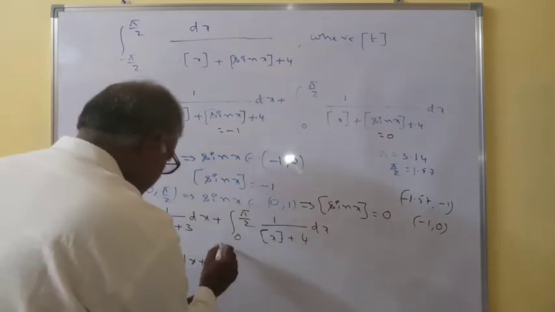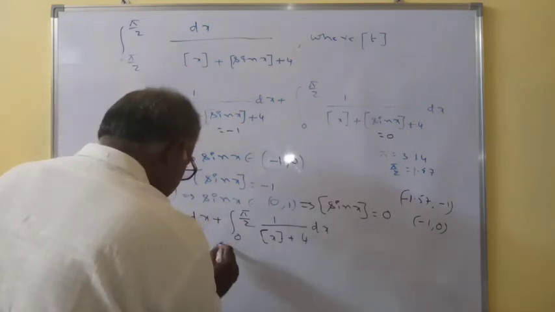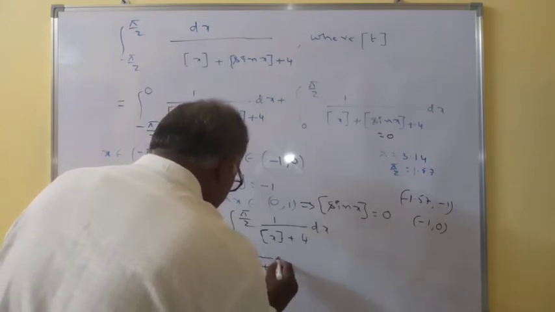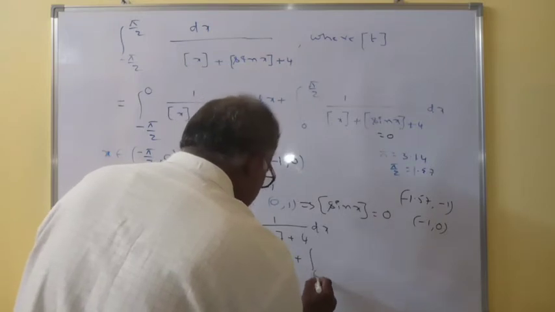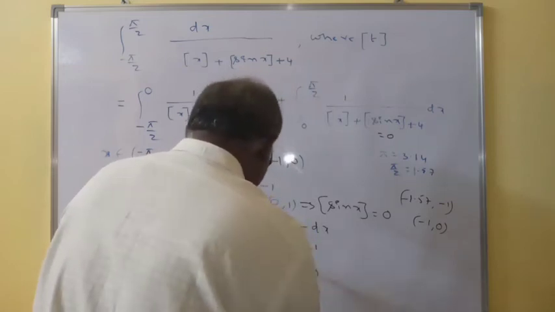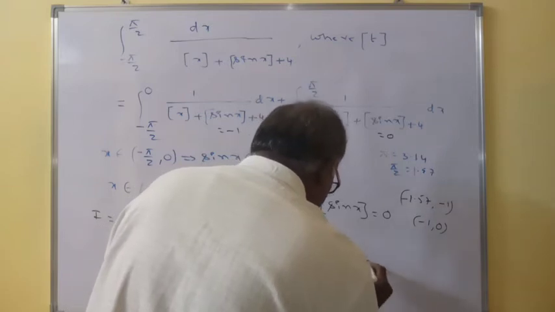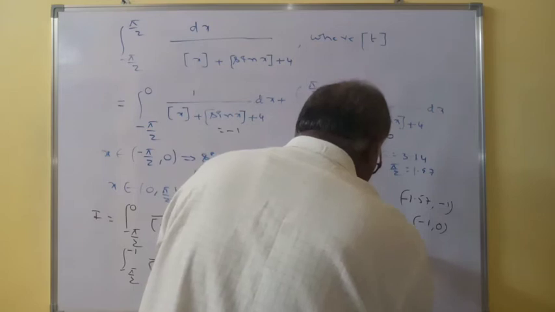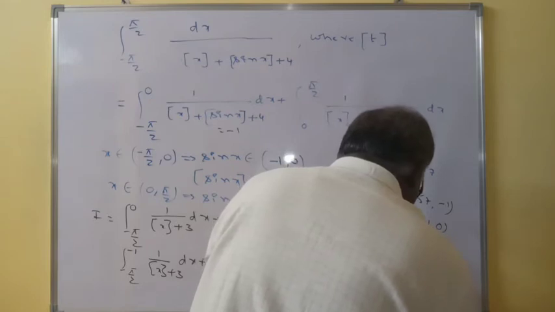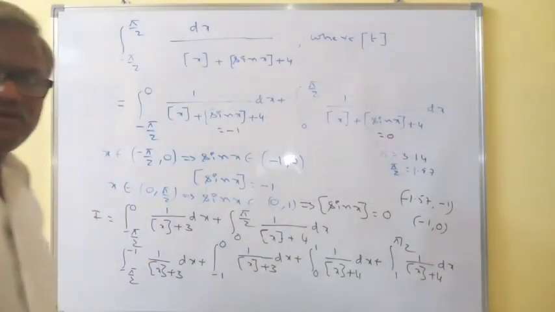Again minus 1 to 0, 1 by [x] plus 3 dx. Next, again same, here also 0 to 1, 1 by [x] plus 4 dx, and 1 to pi by 2, 1 by [x] plus 4 dx.